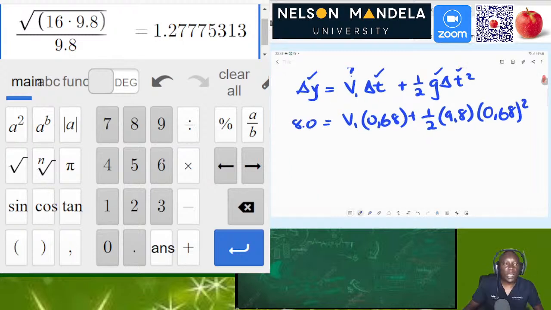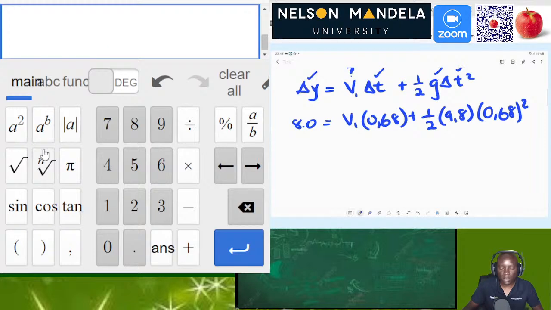So if we calculate, let's see what the calculator gives us.